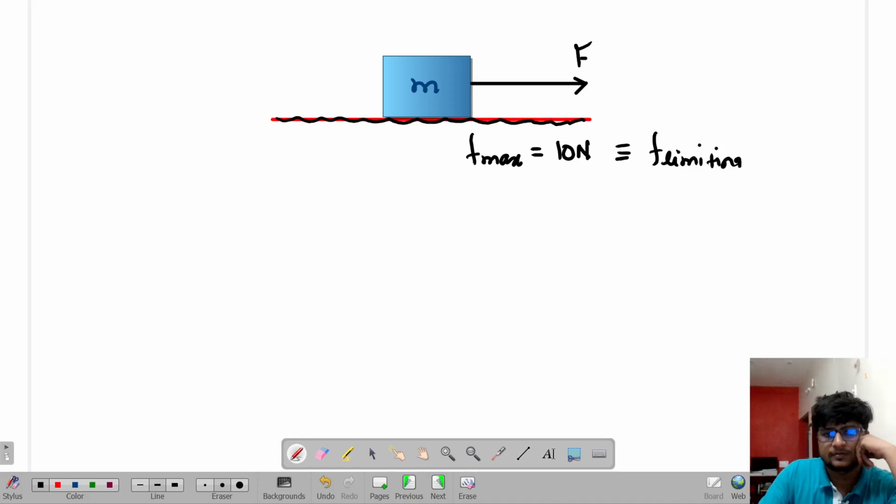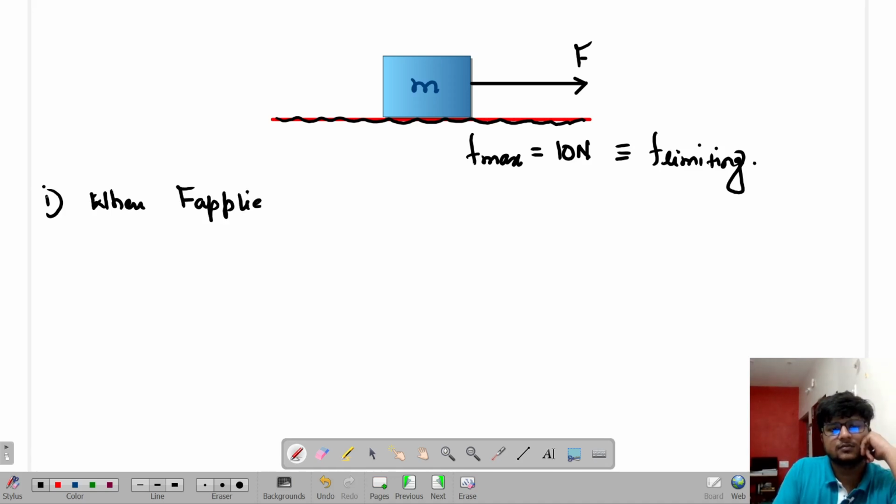Correct? Are you able to get me or not, Balaks? Now, look over here. Let's take an example. Case 1. I'm not going to write all these cases. Simple idea. First case, when the force applied is 2 Newton. My question is very simple: does the body move or not?